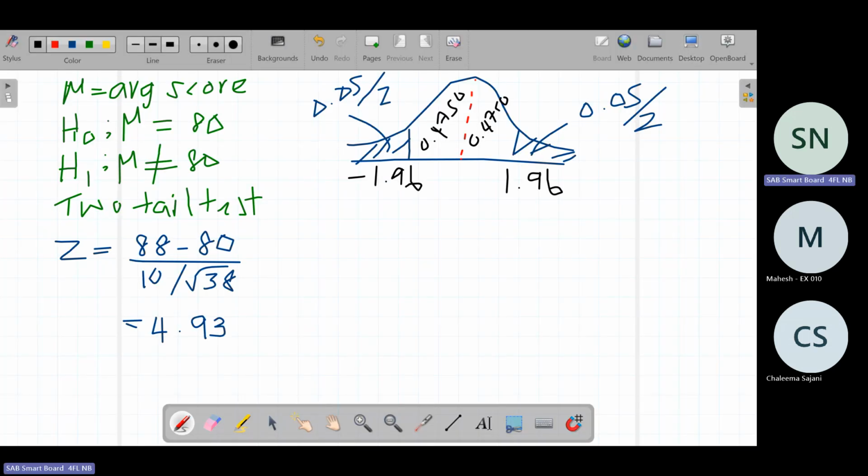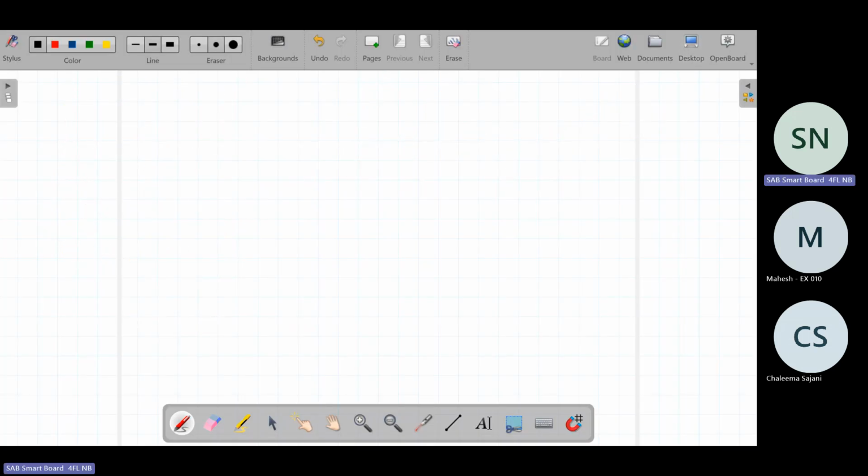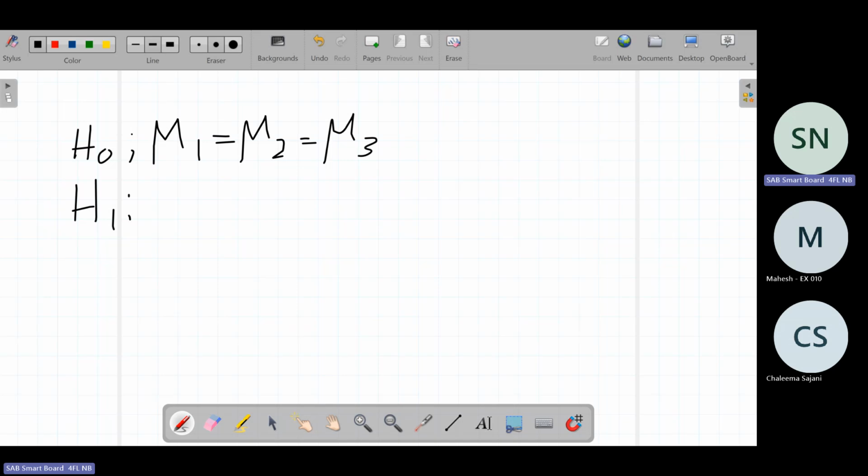Then we assume we have 3 groups. Okay? Then here we have 3 groups. It means 3 mu values are there. 3 groups means 3 populations, 3 mu values. Then here H naught we can write down mu1 equal mu2 equal mu3. Understood? Okay.